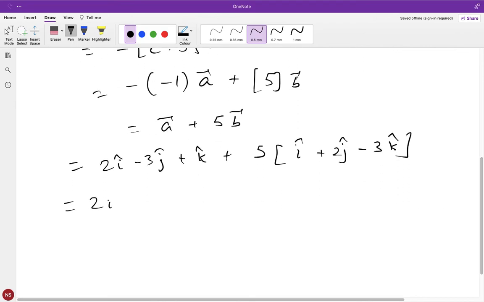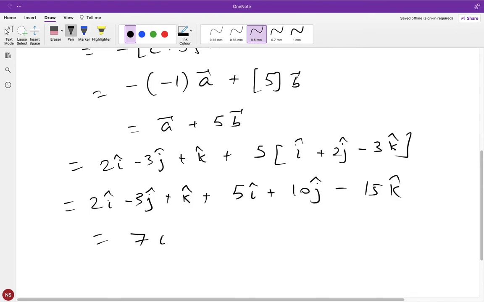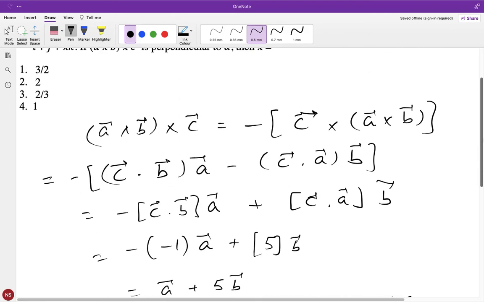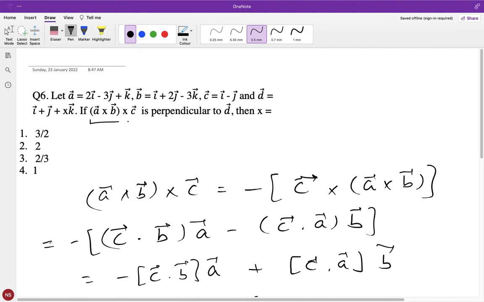So this is 2i minus 3j plus k plus 5i plus 10j minus 15k. So 2 plus 5 is 7, and 10 minus 3 is 7, and minus 15 plus 1 is minus 14k. So this is this given vector a cross b cross c.